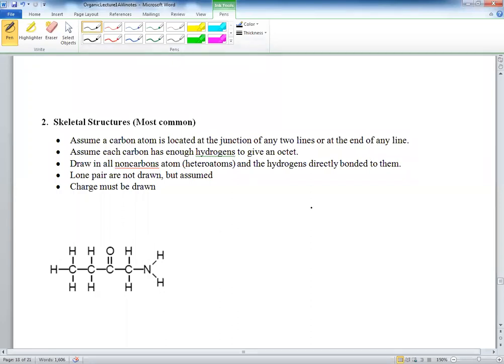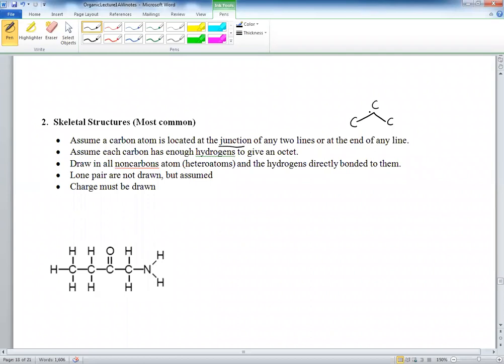You won't see them unless you show the structural formula. Let's say you have this. This is going to indicate that there's a carbon here, there's a carbon there, and there's a carbon in the middle. The junction and at the end of the lines.